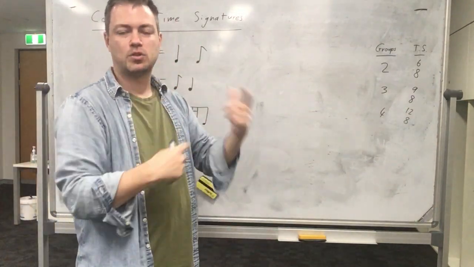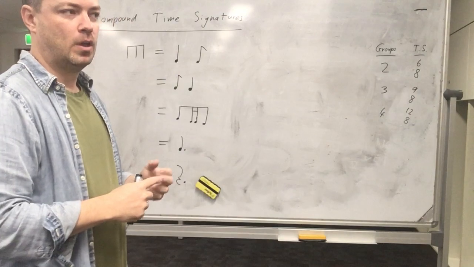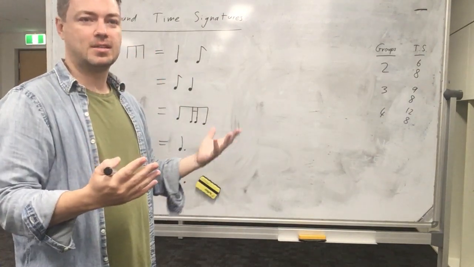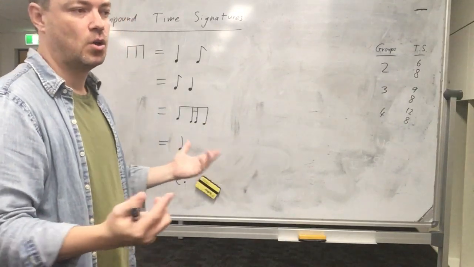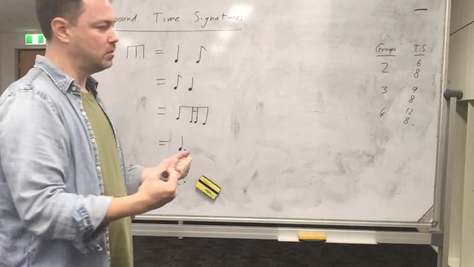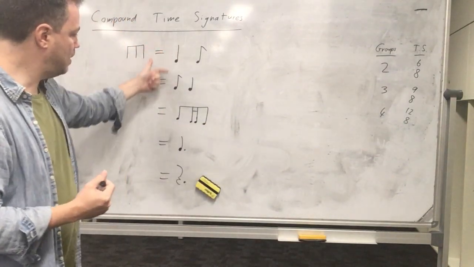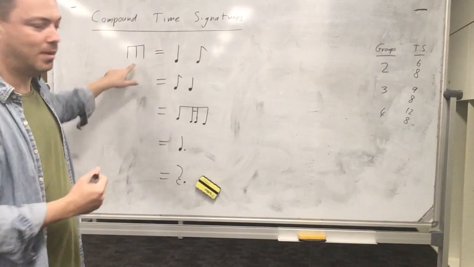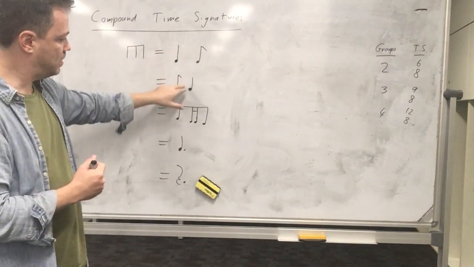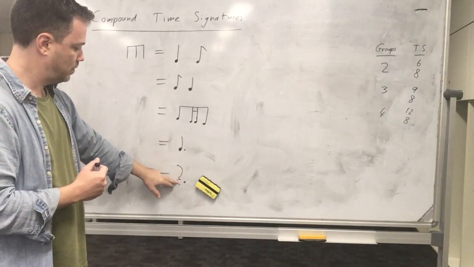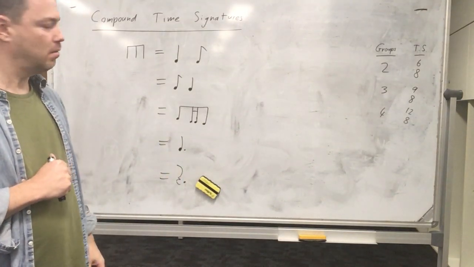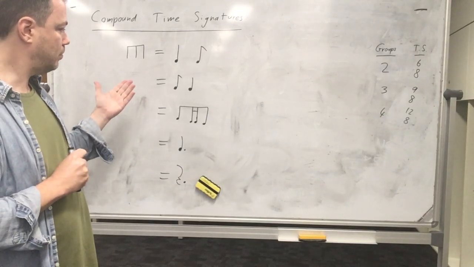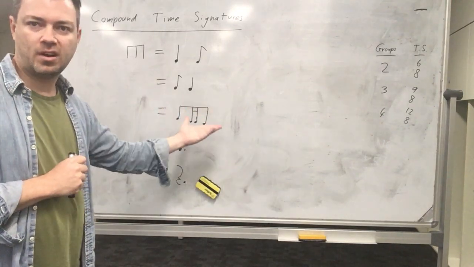So the first thing you're going to have to decide is whether it's a 4/4 or 3/4, which is called a simple time signature, or a compound time signature. And if you're seeing any of these combinations, not always, but it's more than likely going to be a 6/8, 9/8, or 12/8.